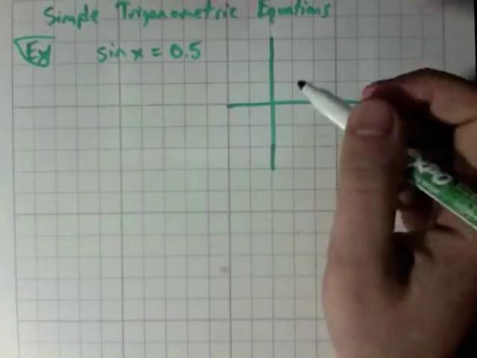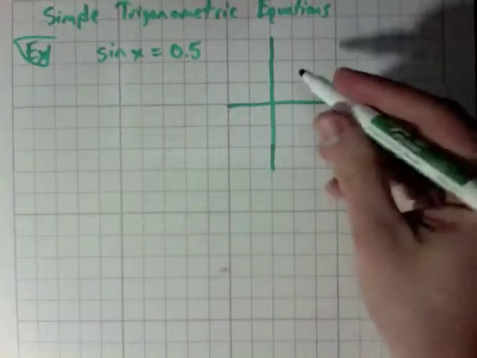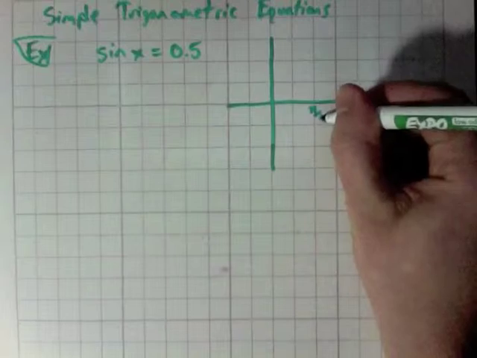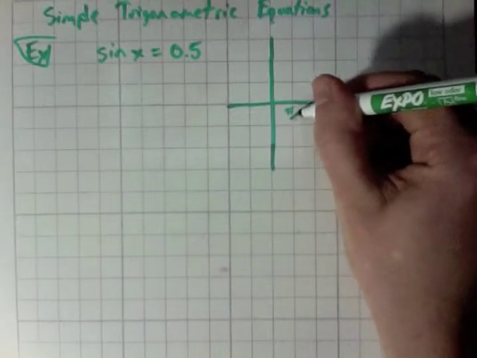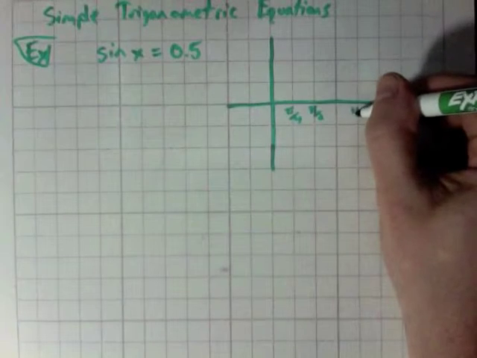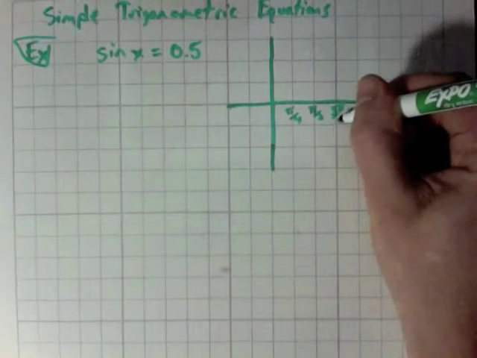Recall that the domain of sine goes from negative infinity to infinity. If this is pi over 2, this would be pi over 4, this would be pi over here, and this would be 3 pi over 4.